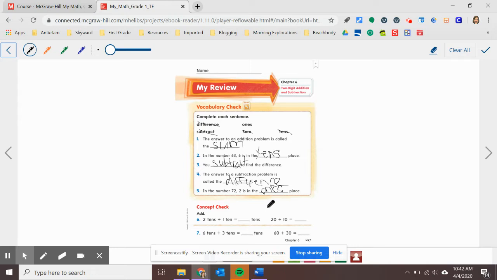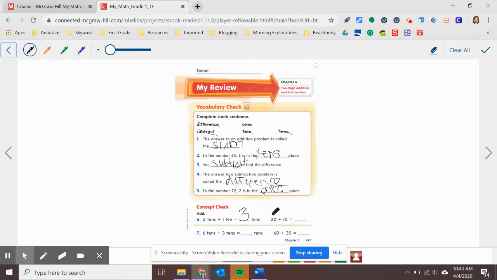Well, first grade, what is 2 plus 1 more? Remember all those strategies. You can use your fingers, you can count on. What is 2 plus 1 more? Well, we know that 2 plus 1 more equals 3. So 2 tens plus 1 ten equals 3 tens.